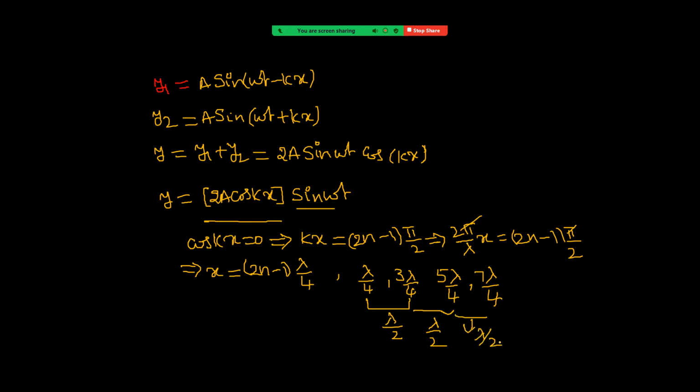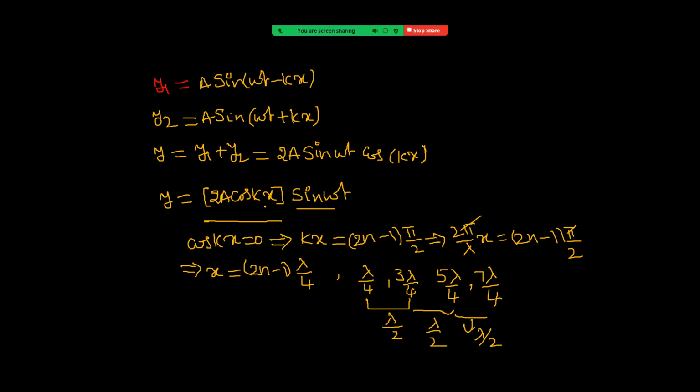That means between successive nodes, the separation is equal to lambda by 2. So nodes means points which are permanently at rest. Right. Now see the next case.